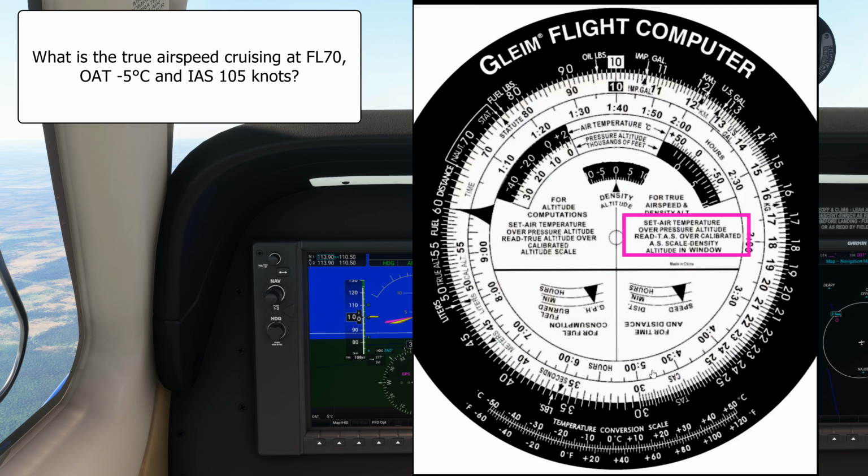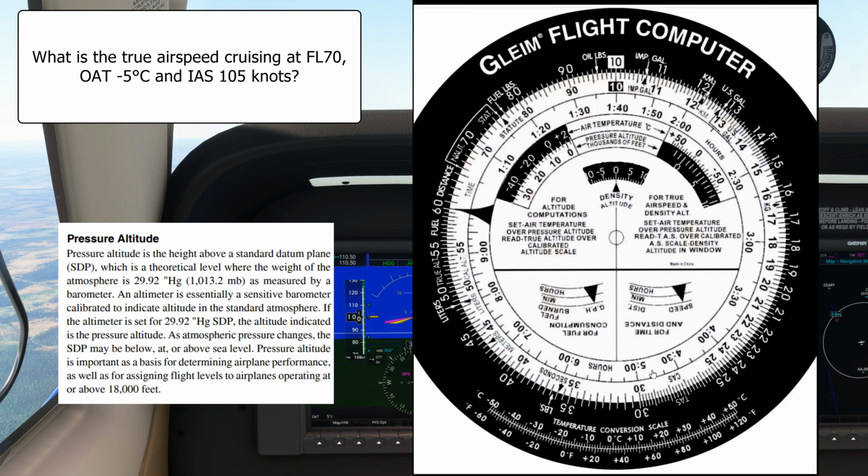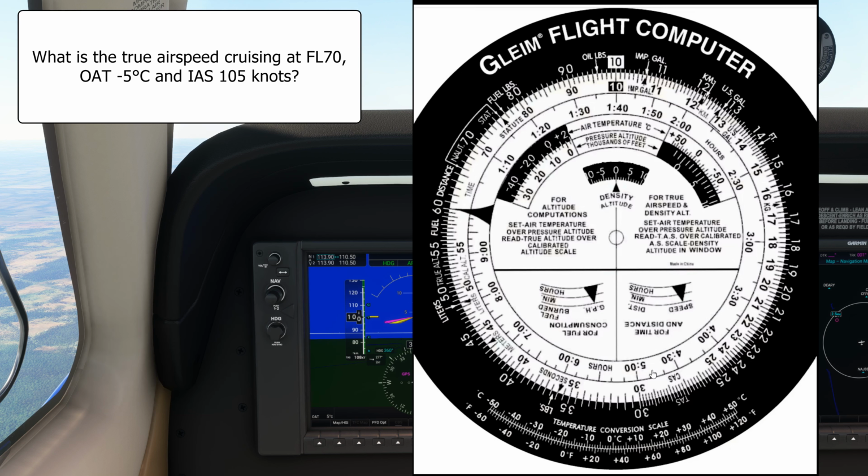In the first question we were told that the conditions were international standard atmosphere. This means that any altitude above mean sea level is a pressure altitude because it's in relation to the standard pressure of 1013 hectopascals or 29.92 inches of mercury. In the second question, it's given as a flight level, which is the same thing. Perfect. So we are 7,000 feet above the pressure altitude datum.